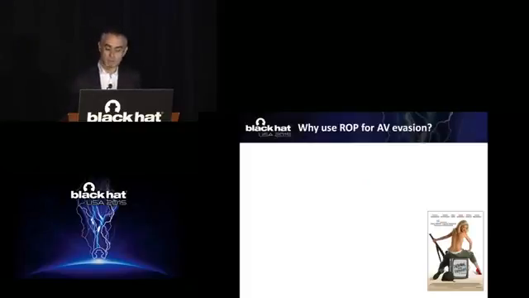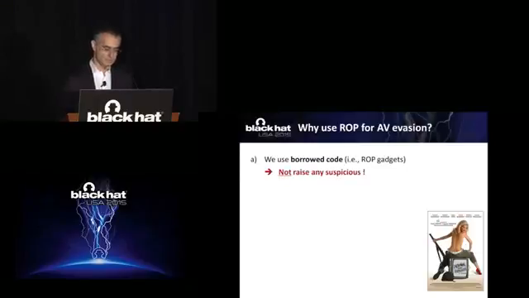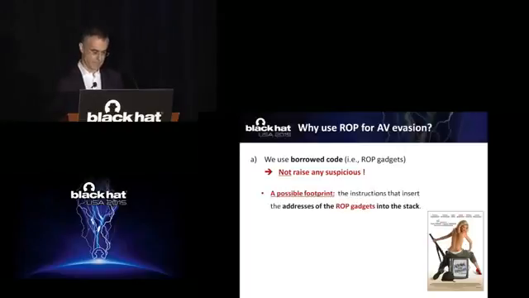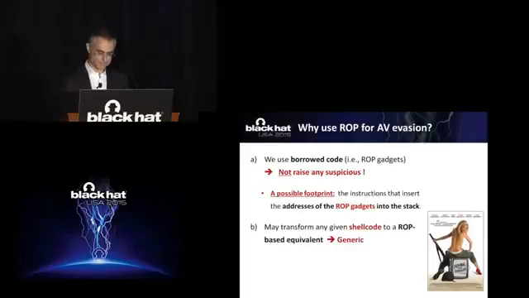Why use return-oriented programming for antivirus evasion? First of all, we use borrowed code, which means it does not raise any suspicions. A possible footprint might be the instructions that we use to put the addresses of the ROP gadgets into the stack, but we will see later how we deal with this issue.